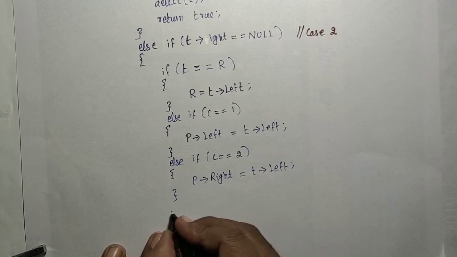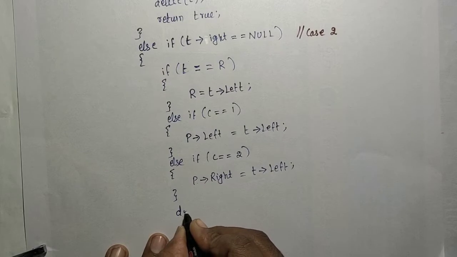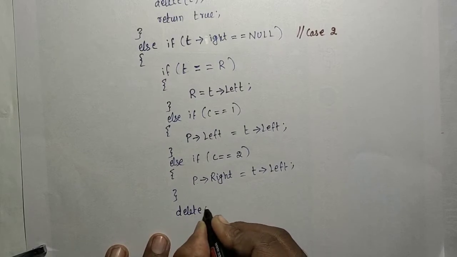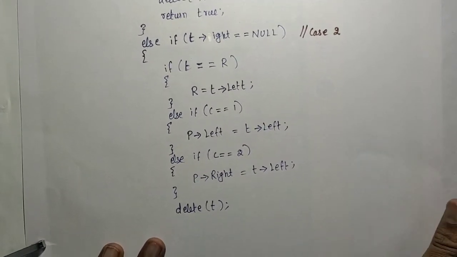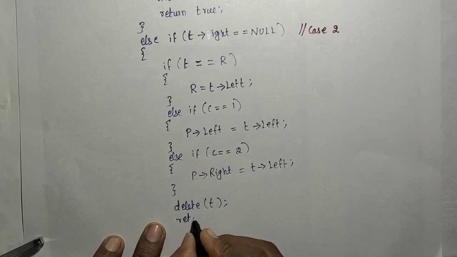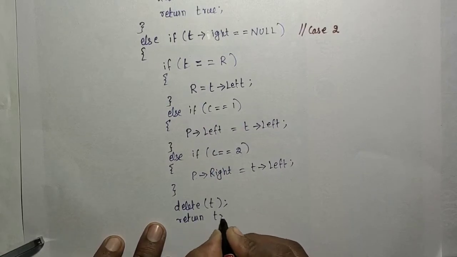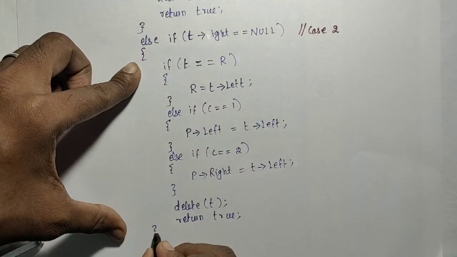Now I need to delete the t. Delete of t. Then I need to return the success message. In this case also success, so return true. Then you complete this case 2.